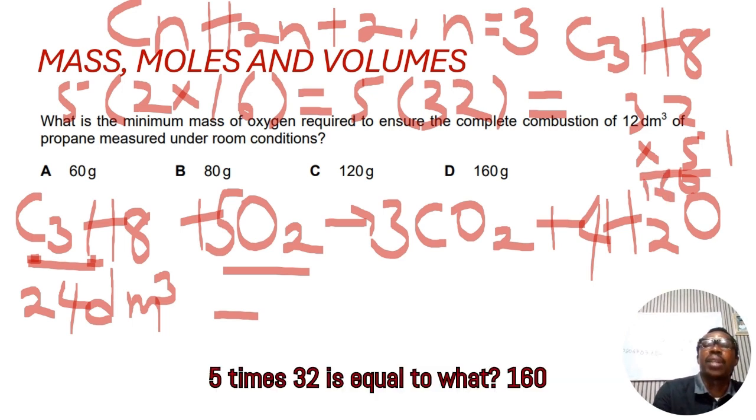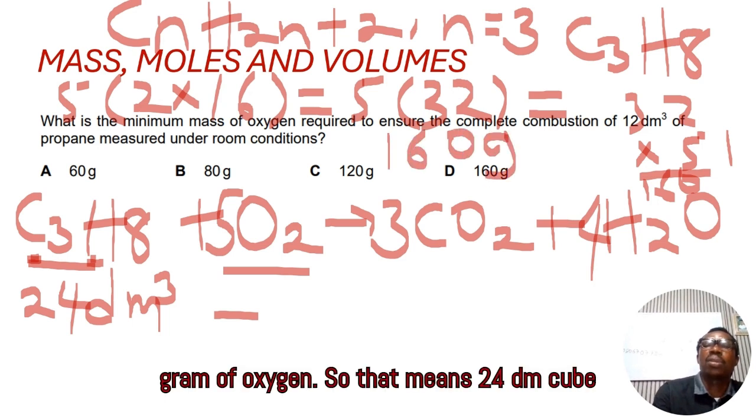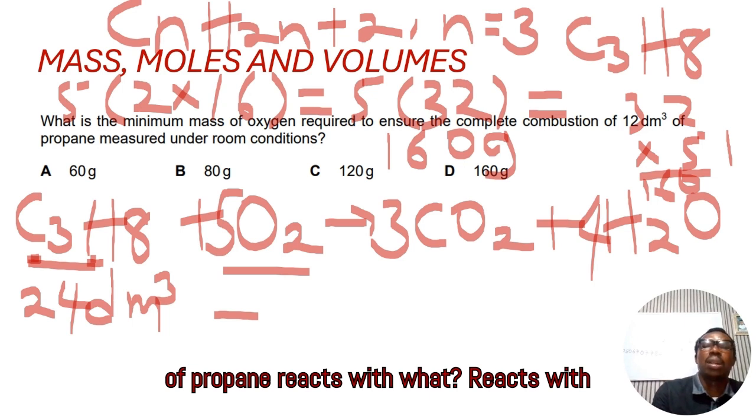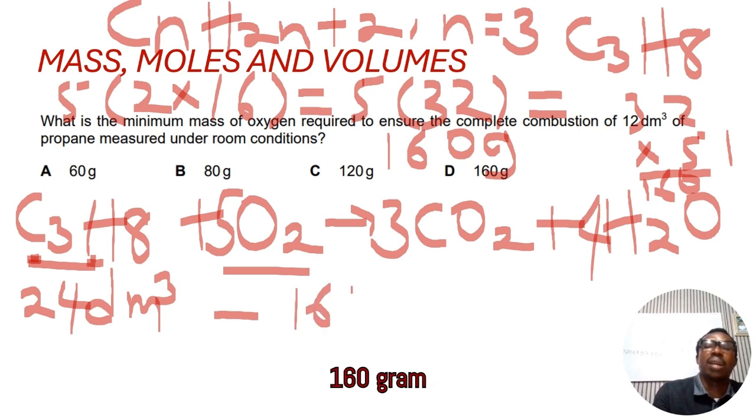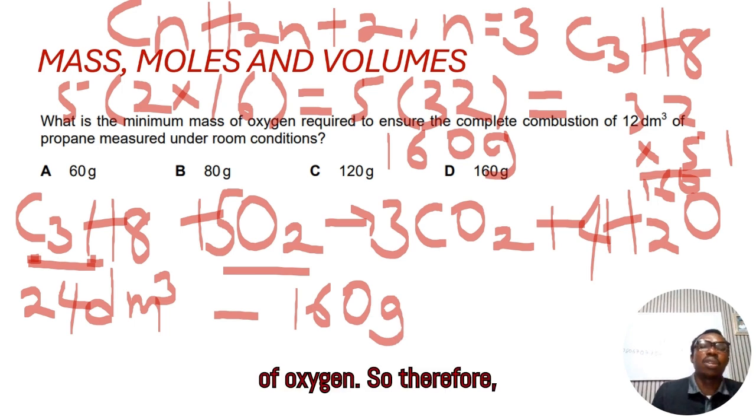So 5 times 32 is equal to 160 grams of oxygen. So that means 24 dm³ of propane reacts with 160 grams of oxygen.